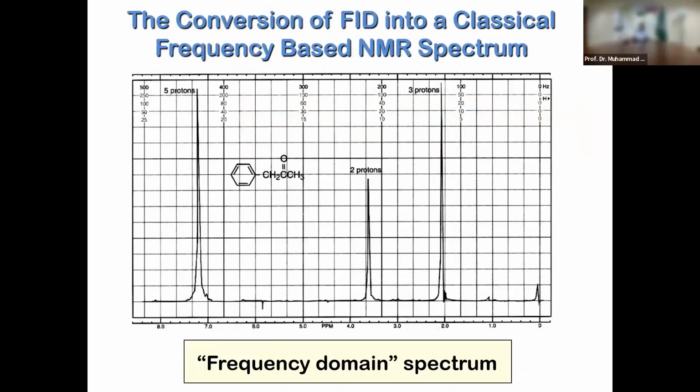Okay, so this is what eventually you get by pulse NMR spectrum. The FID of a molecule like this, which has broadly three different types of protons, will give you three different types of signals, because there are three FIDs which are converted by Fourier transformation, and you get three frequency domain signals.